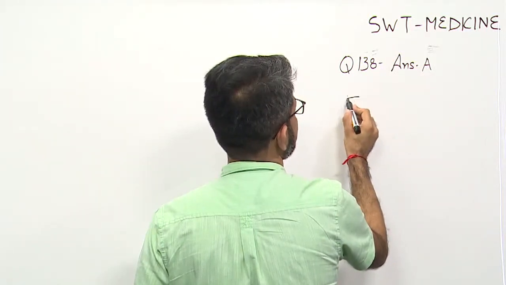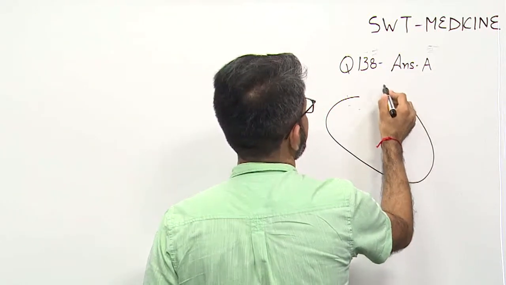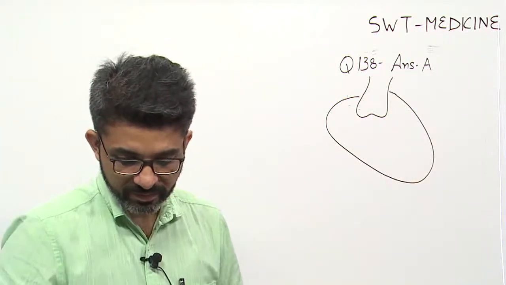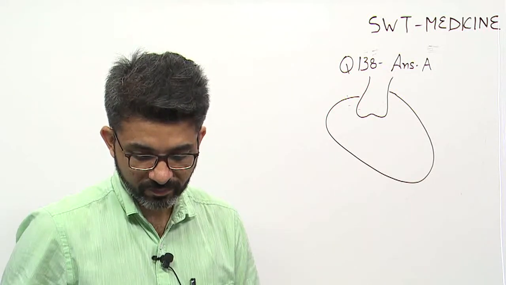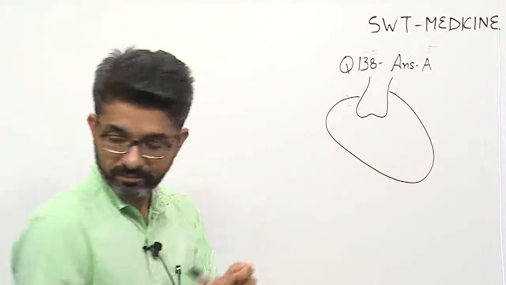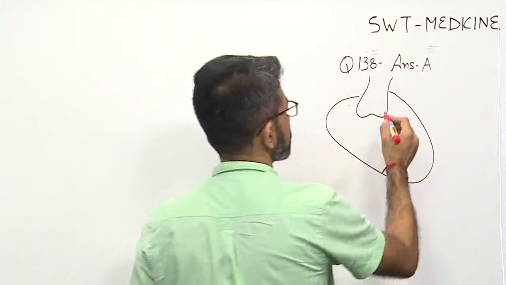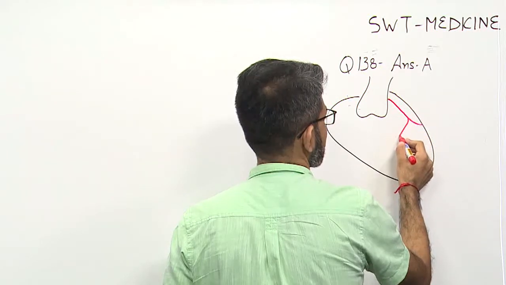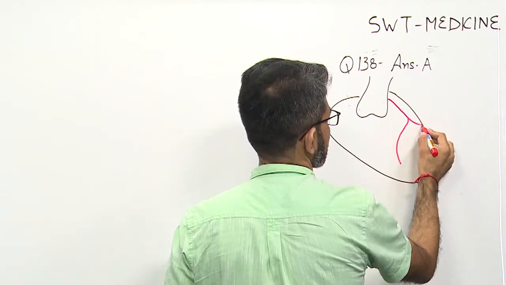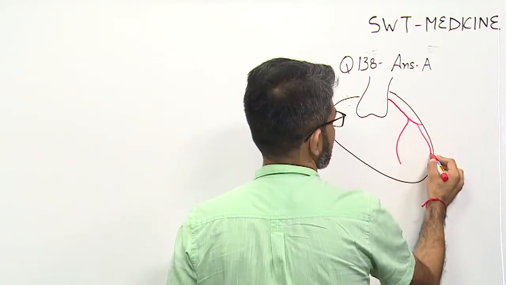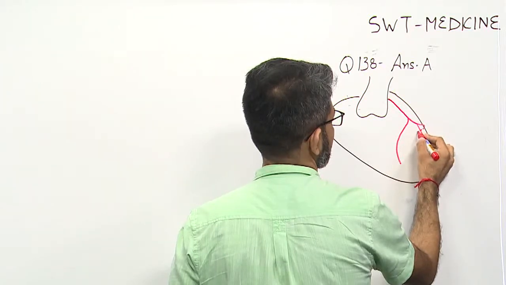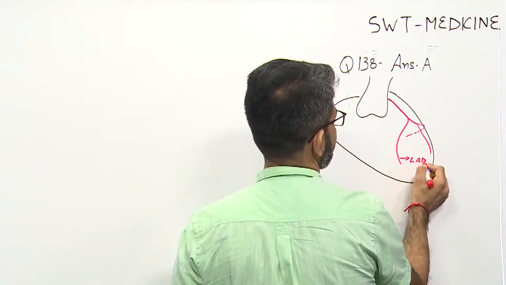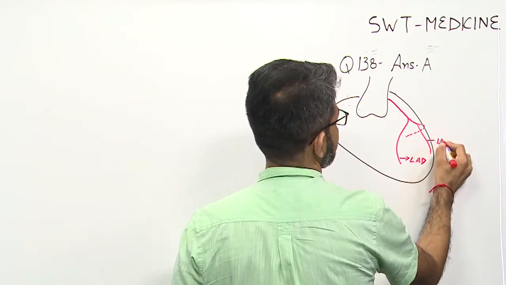Remember this diagram. This is LAD, left anterior descending. This is left marginal.